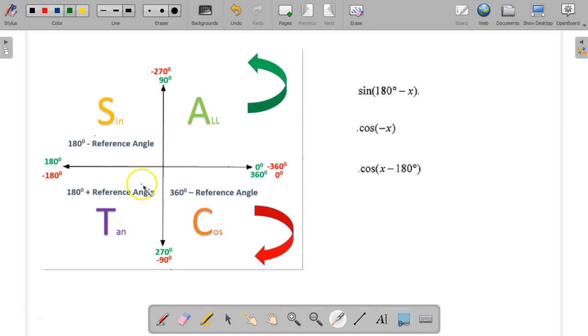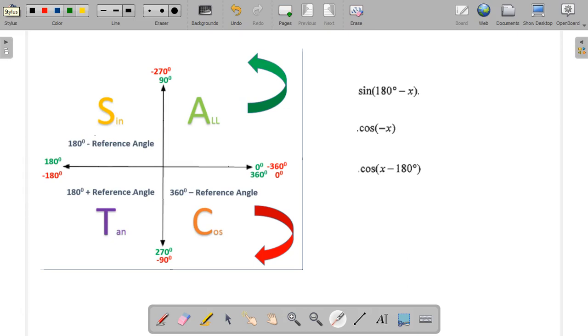Now I've been given 180, so here's 180 here, so I'm going to be starting here, and then I say, okay, negative x, meaning negative means I'm going to be moving in the negative direction, or the clockwise direction. So where does it take me? If I start at 180 and I move in the negative direction, it brings me into this quadrant, and I know that sine is positive in this quadrant.